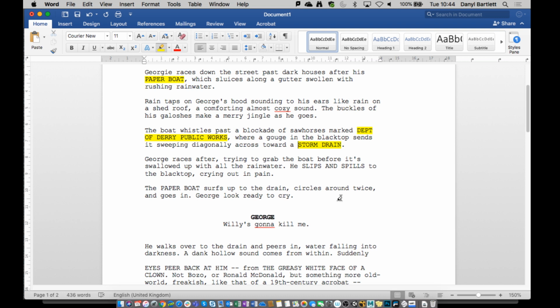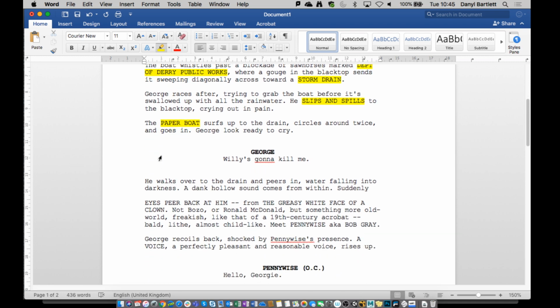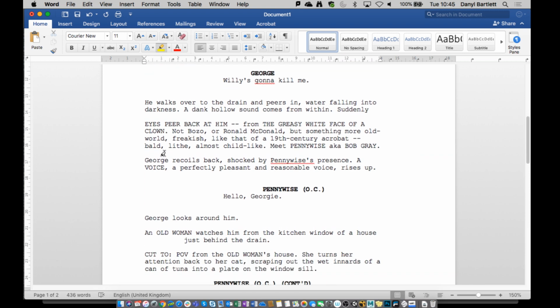George races after, trying to grab the boat before it's swallowed up by all the rainwater. He slips and spills to the blacktop, crying out in pain. The paper boat surfs up to the drain, circles around twice and goes in. Georgie looked ready to cry. Willie's going to kill me.